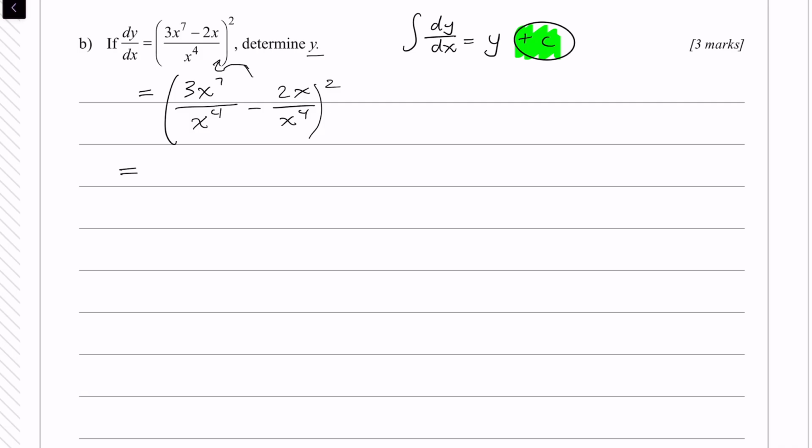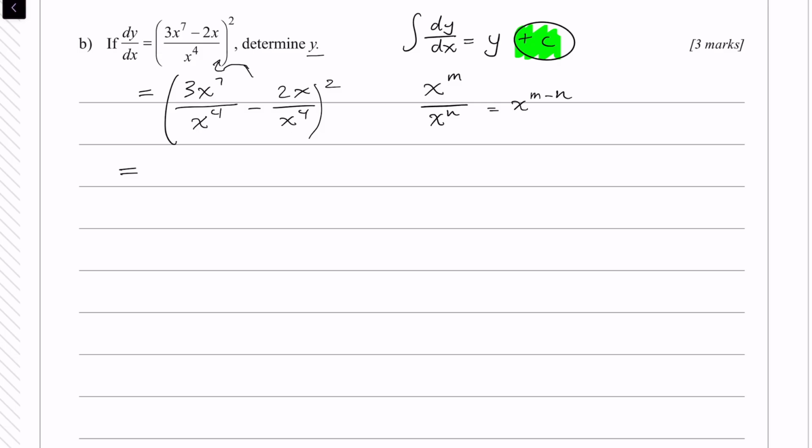Okay, so now we've done that, we can use our index exponent laws to simplify, right? So we have 3x to the power of 7 divided by x to the power of 4. We know our index law that if we're dividing two numbers with the same base but different exponents, then we simply subtract the powers, the power on the bottom from the top.